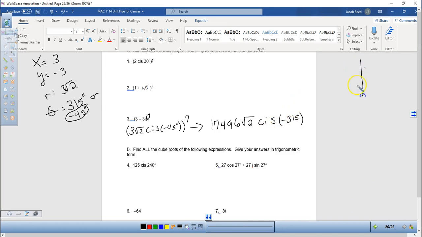Okay, picture for reference, negative 315 comes around and makes a 45-degree angle right here: 1, 1, square root 2. So 17496 root 2 times cosine of negative 315 plus i sine of negative 315.